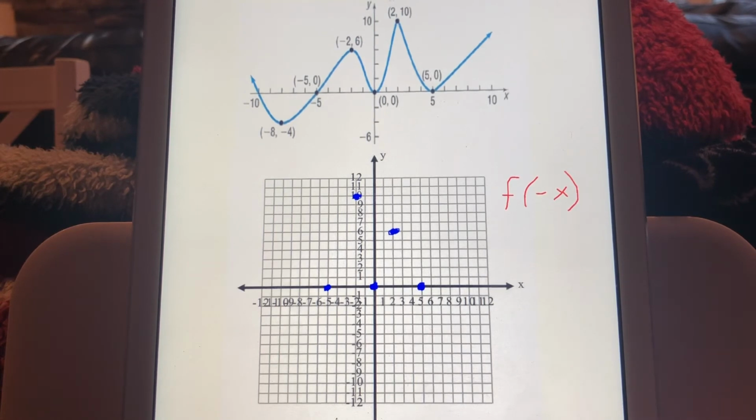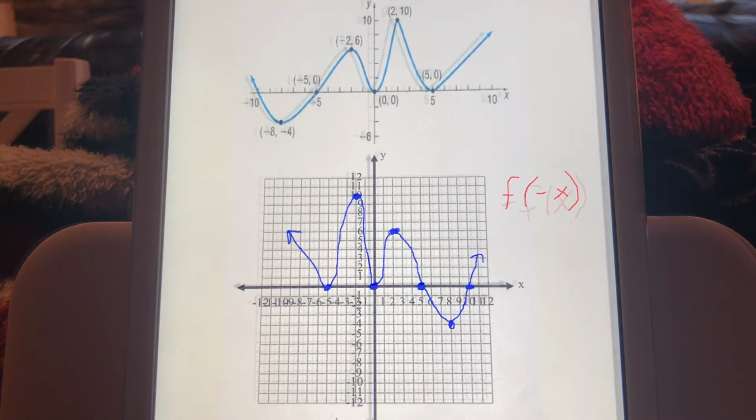Negative 8, negative 4 becomes 8, negative 4. And negative 10, 0 becomes 10, 0. When we connect all those points and draw it just like the original function, it should look something like that. So that's the graph of f of negative x, which is a reflection in the y-axis.